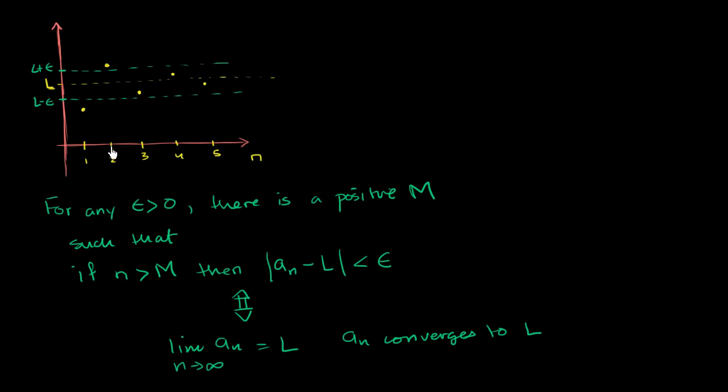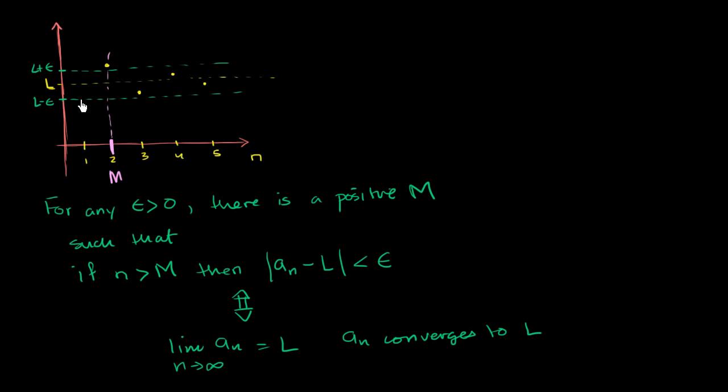So let's say that is our M right over there. As long as our n is greater than our M, then our a sub n is within epsilon of L. Being within epsilon of L is essentially being in this range. This is just saying the distance between a sub n and L is less than epsilon. So that would be any of these. Anything between L minus epsilon and L plus epsilon, the distance between that and our limit is going to be less than epsilon.